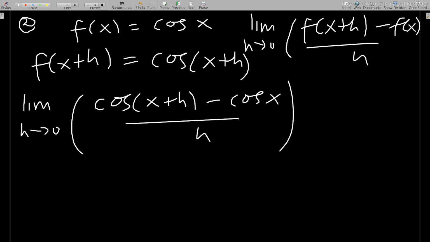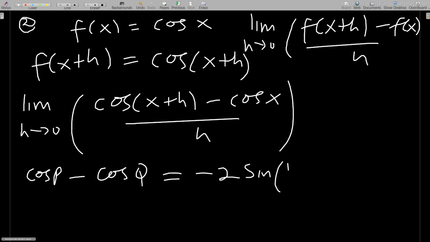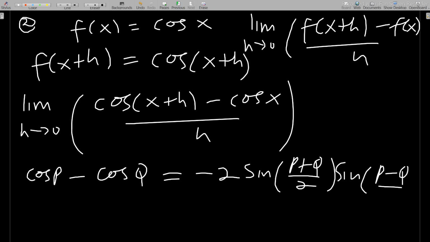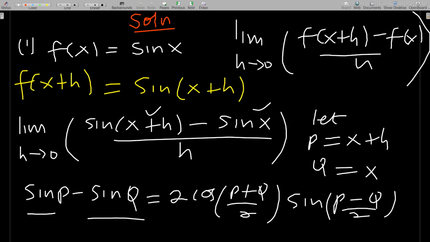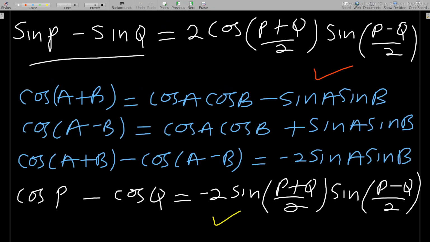Now with this, if you remember, we said that cos p minus cos q is actually equal to minus 2 sine of (p plus q) over 2 times sine of (p minus q) over 2. So we can refer back and see if what you are saying is true.